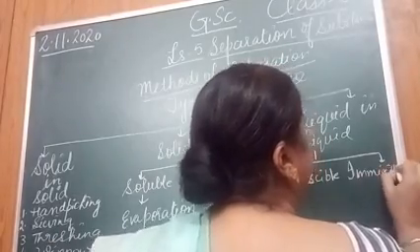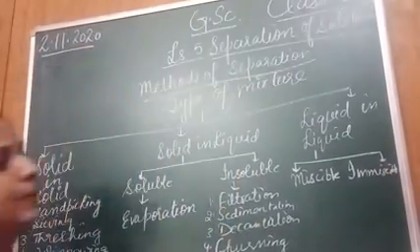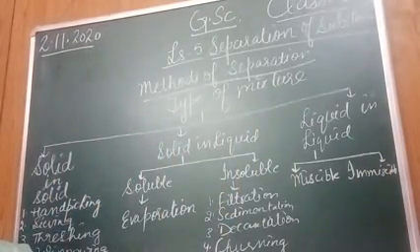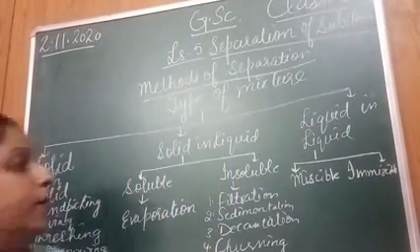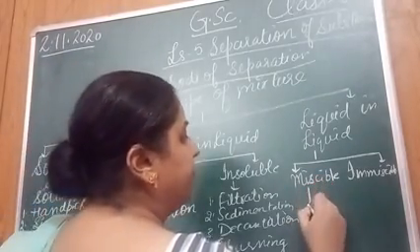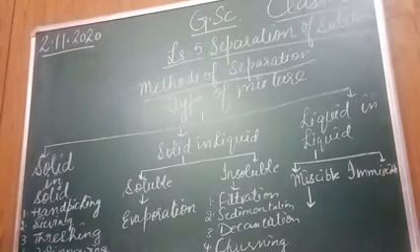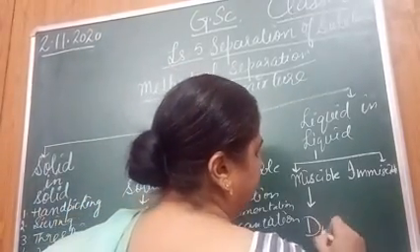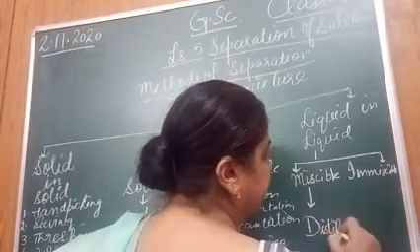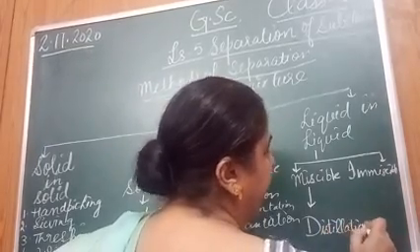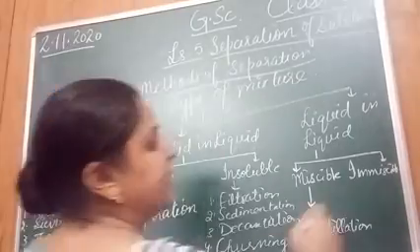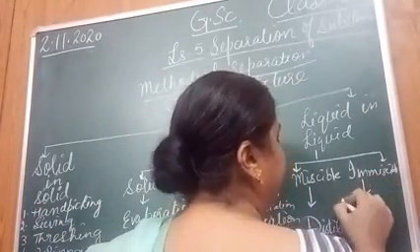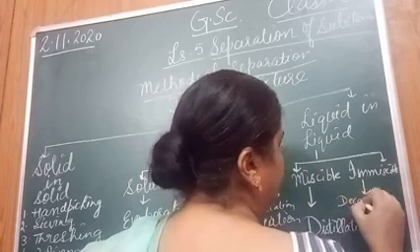Right? Immiscible. Is that clear? And to separate out miscible liquids, which process is used? To separate out miscible liquids, we have to use distillation. And if the liquid is immiscible, then we have to use the decantation method.